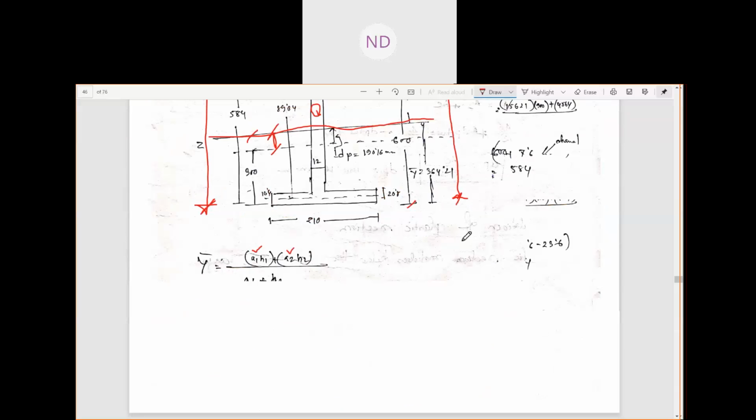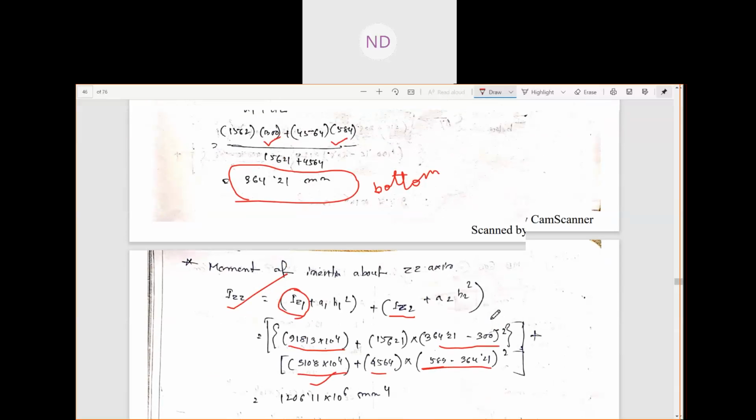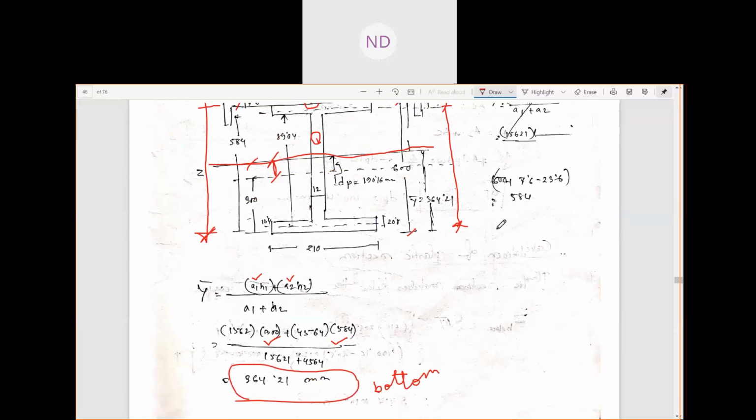Then comes your r square. Again, same here, r square will be what? The distance between the CG of the channel section and the CG of the built up member. So the distance will be how much?